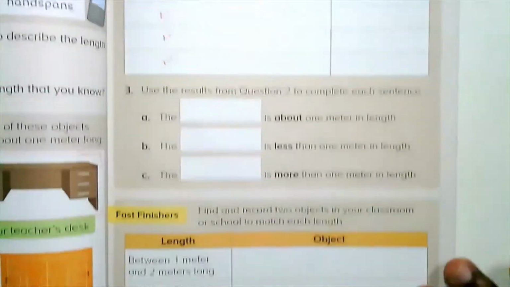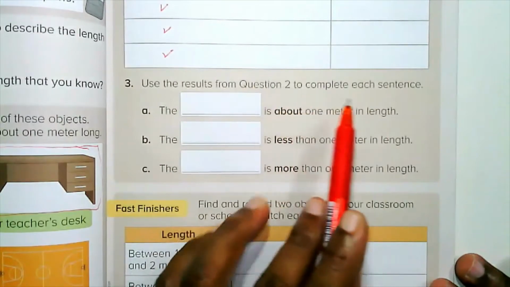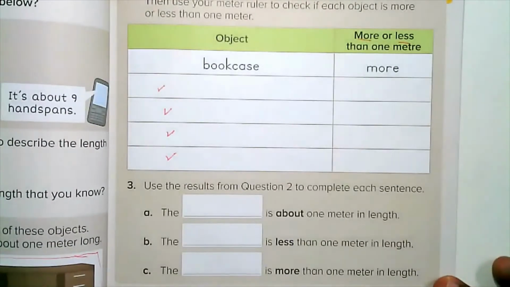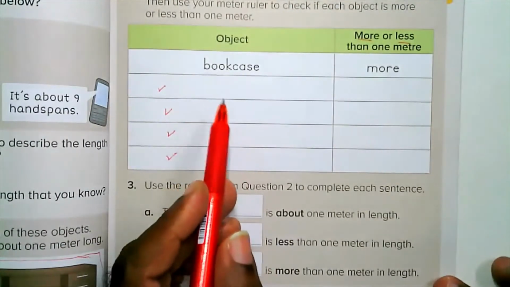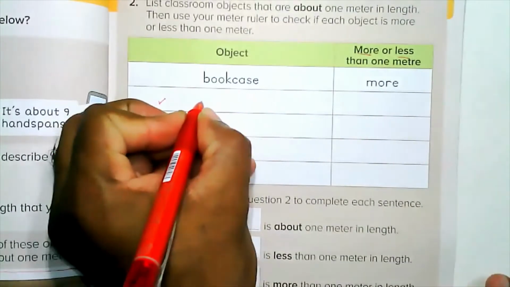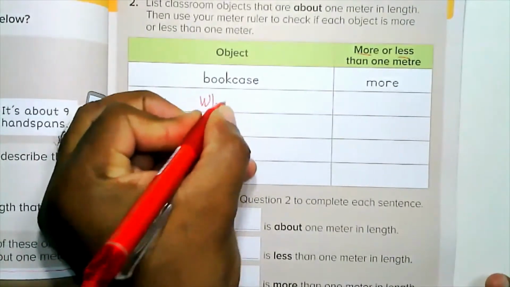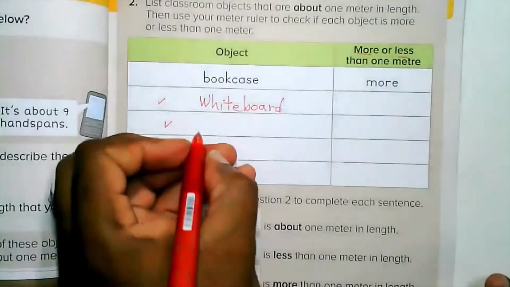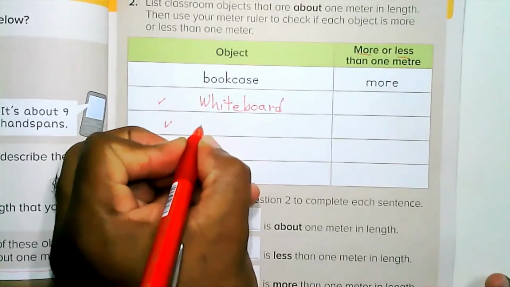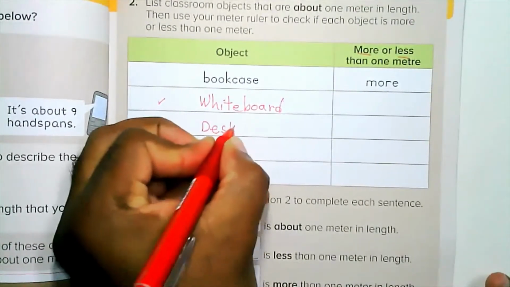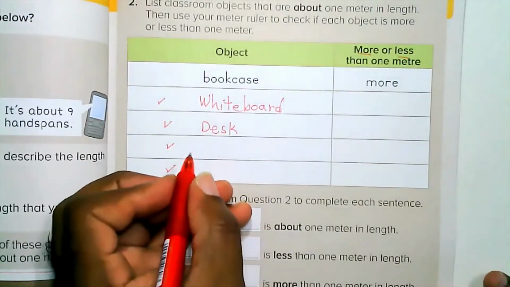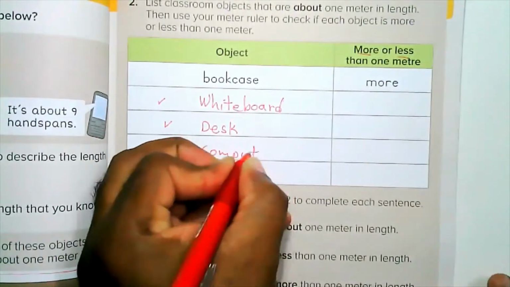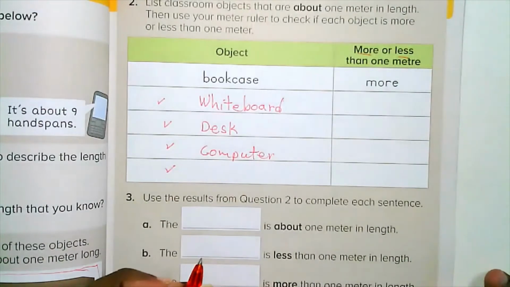Number 3, then use the result from question 2 to complete each sentence. So let's think of objects in the classroom that are more or less. Objects in the classroom include whiteboard, desk, what else? Computer, what else?